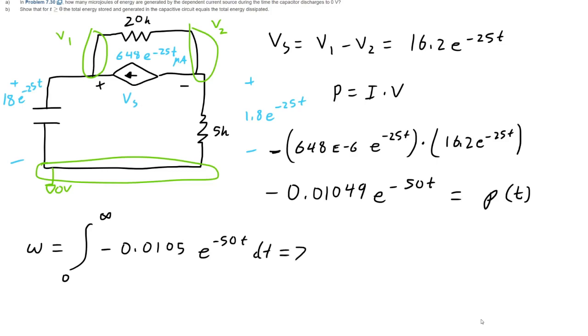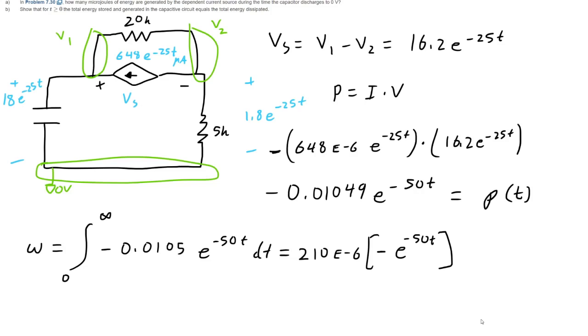It's going to be, let's see, this divided by 50 is what? So 210-ish times 10 to the minus 6 is going to be minus e to the minus 50t. Right?